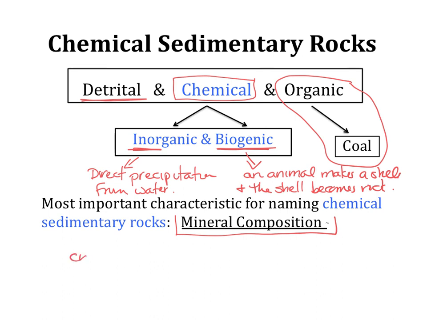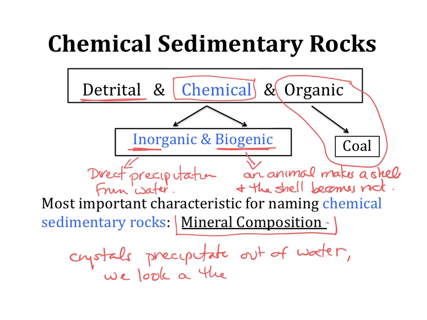So when crystals precipitate out of water, we look at what mineral. So it's the mineral, whatever mineral it is that precipitated out of water, that links to the rock name.